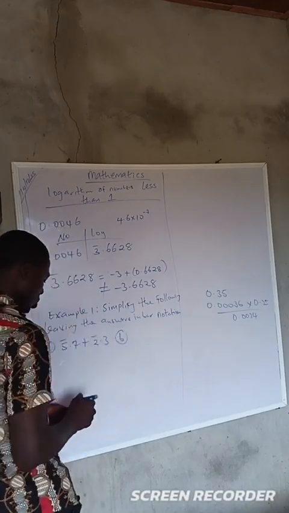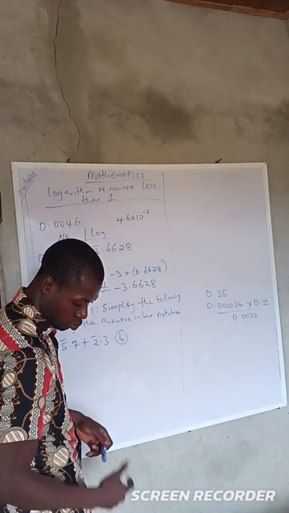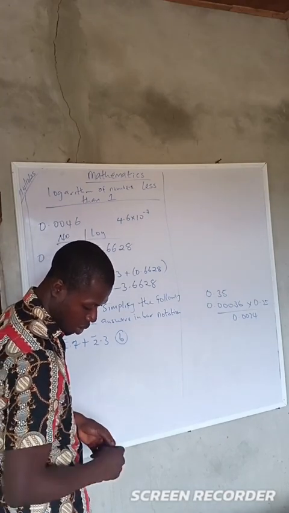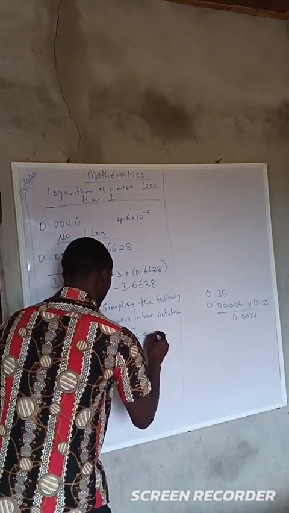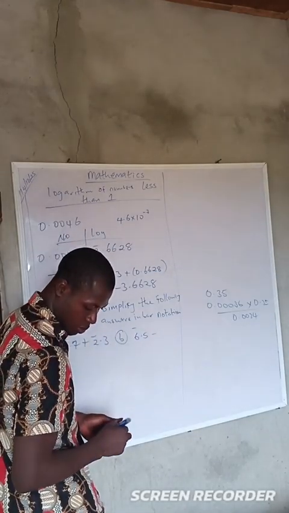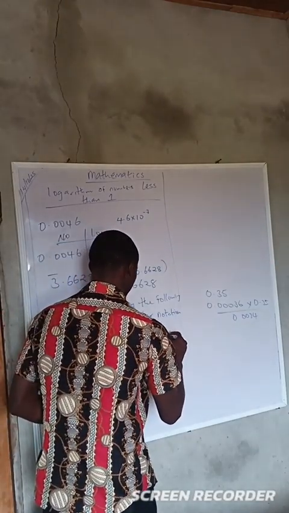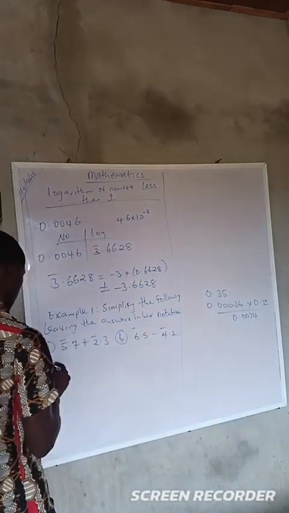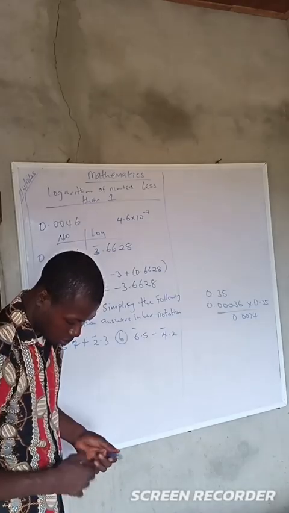B, you have, let's have bar 6.5 minus, let's have bar 4.2. C, let's take another one.